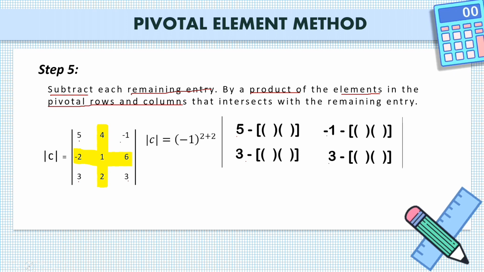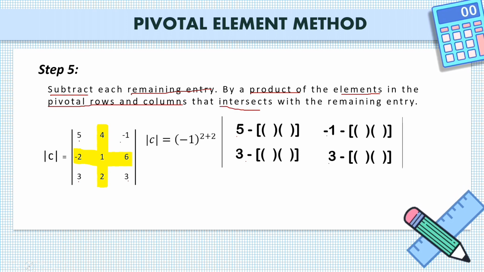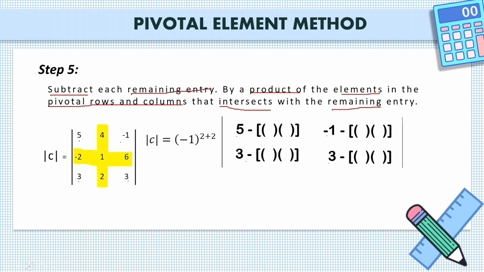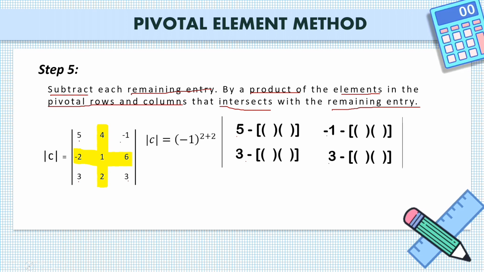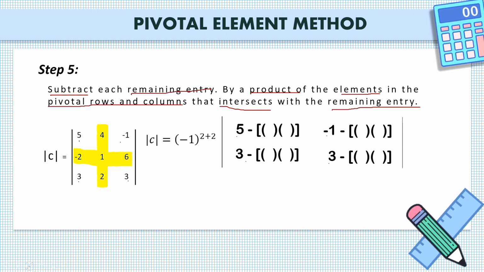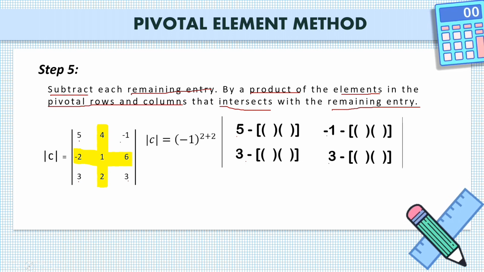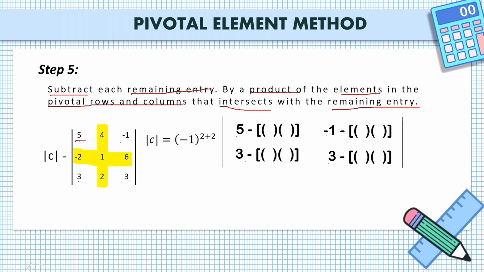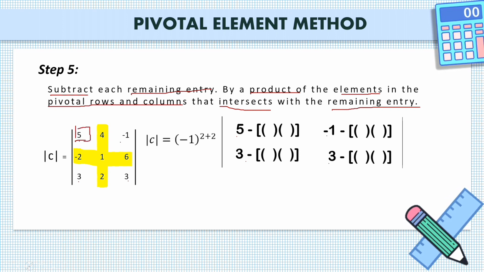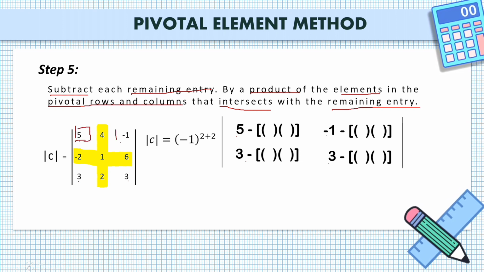Ayan, ang mga naka-highlight, that intersect with the remaining entry. Yung mga elements sa pivotal rows and columns natin na nag-intersect sa mga hindi naka-highlight na element.